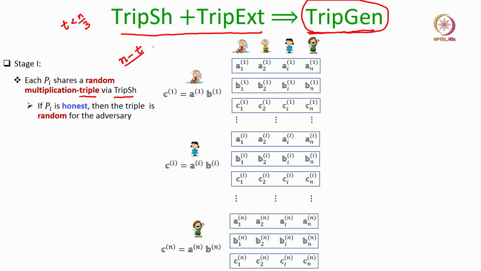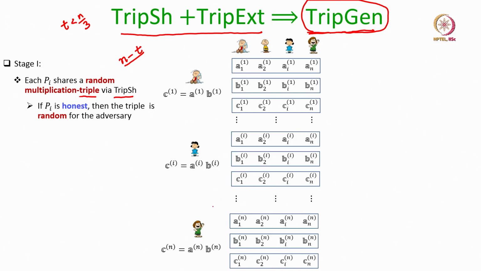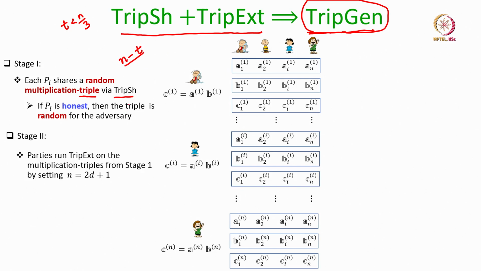However, since the exact identity of the honest parties is not known, we do not know which are those n minus t random multiplication triples. So at the end of stage 1 we have a set of n multiplication triples; n minus t of them are random, t of them may not be random, and we do not know which are which.